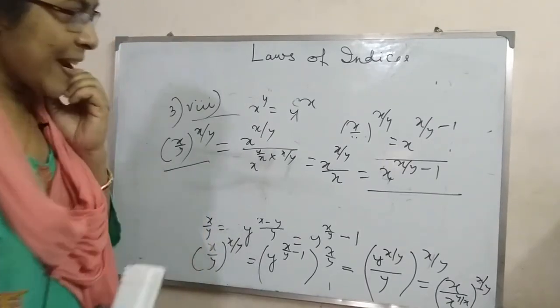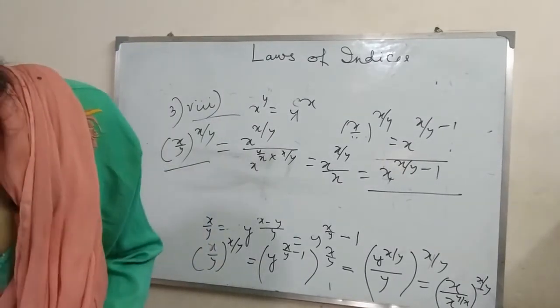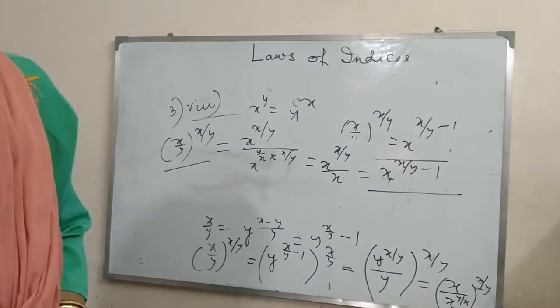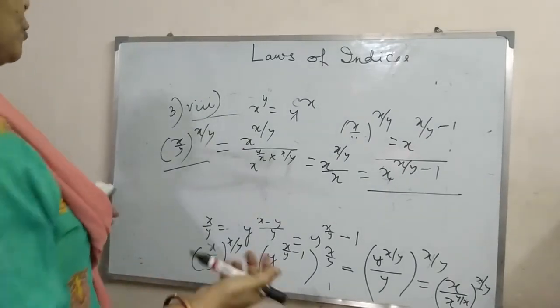And the next one is: when x equal to 2y, prove that y equal to 2.